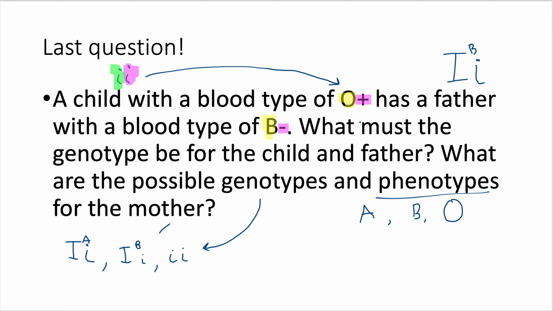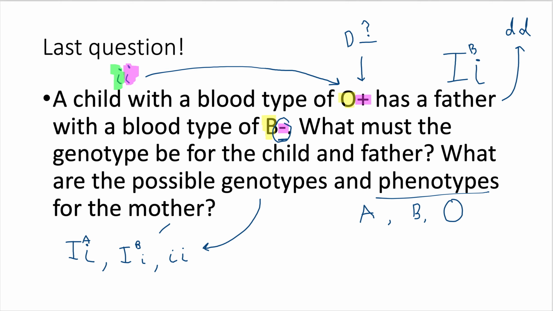Okay, now we need to know though for plus and minus. So, this child has a blood type of O positive, and because positive is dominant, we don't know what the second allele is. We just know that it has one copy of the dominant one. But the father has a blood type of B negative, so father, his Rh factor gene is 2 little d's because he's the recessive phenotype.